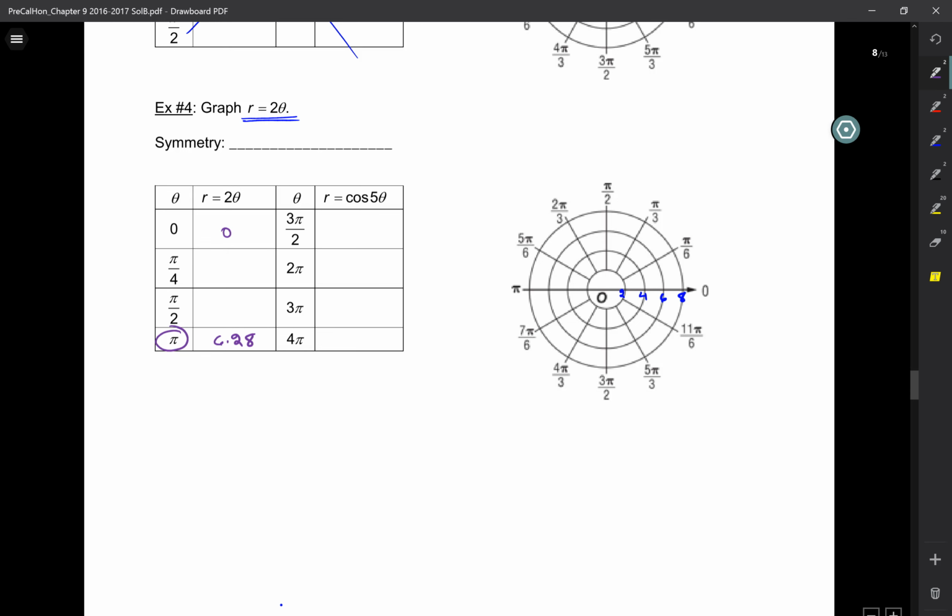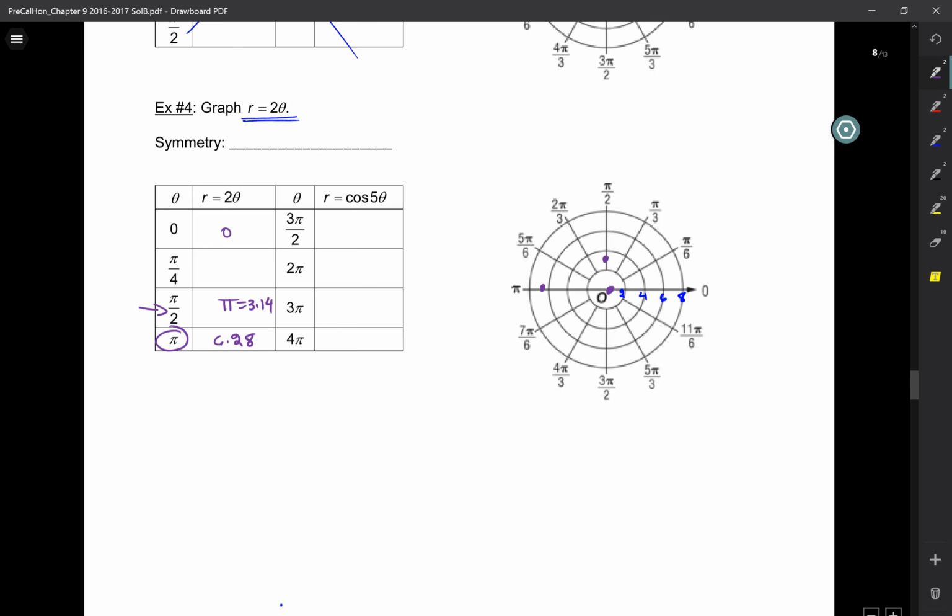6.28, right? So at 0, we're at 0. When we're at pi, oh, is this a spiral? Yeah, when we're at pi, it's 6.28. So somewhere over here, 2, 4, 6, here. When we're at pi over 2, how much is r? R is pi, which is 3.14, right? 1, 2, 3.14, right there.